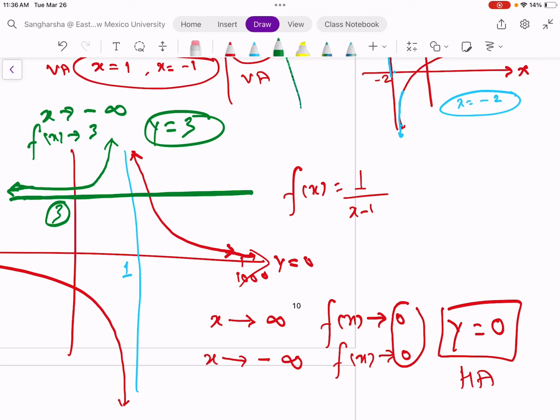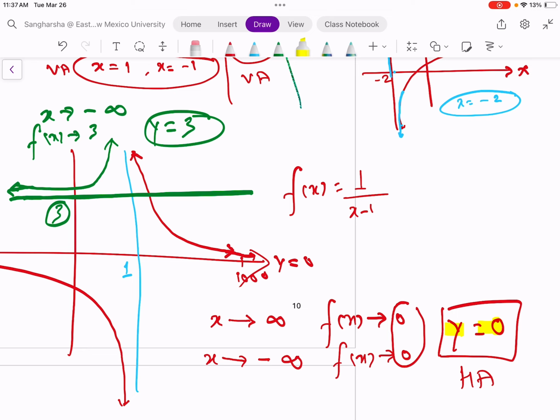You choose your input to be small or big. And when you choose your input to be small or big, if your output is close to some number, then y equals that number is the horizontal asymptote. A horizontal asymptote is a horizontal line, and a line has to be an equation, so we need to write y equals that number. This is a number where your output is close to when you choose your input to be large or small.